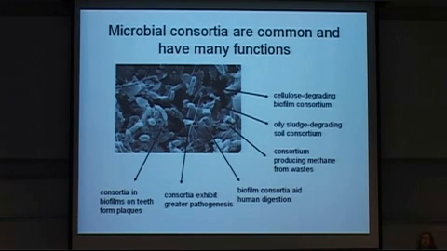There are also the many different bacterial consortia that live within our body, which we've heard a little bit about this weekend too, such as those that aid in human digestion, and those that live as biofilms on our teeth and form plaques.